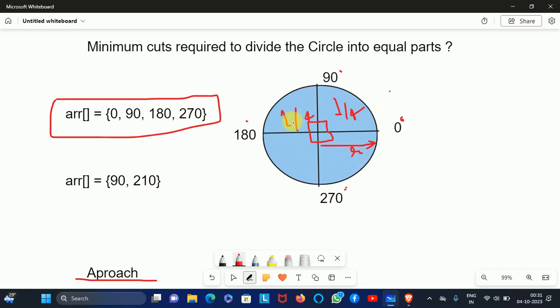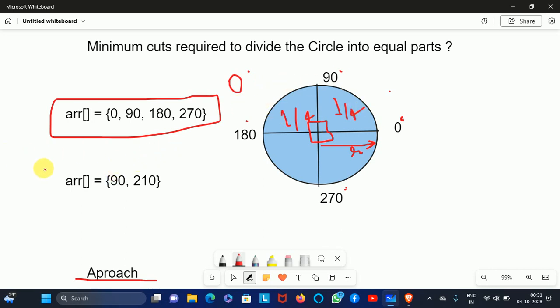So how many more cuts are required? There are 0 cuts required, so 0 cuts are required so that the circle is divided into equal parts.